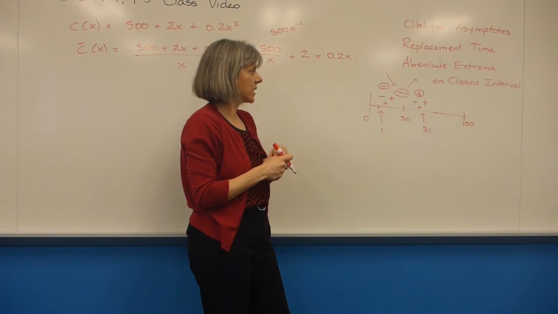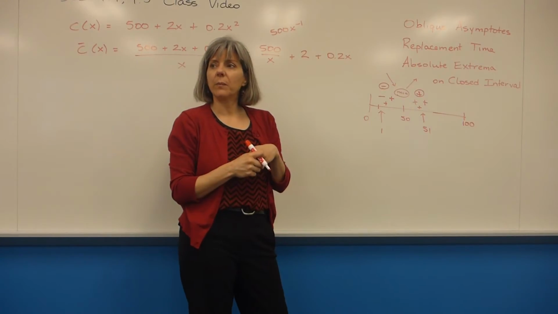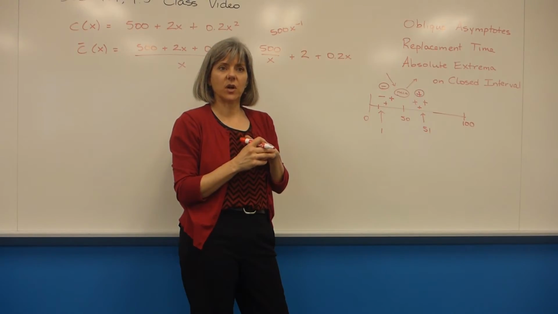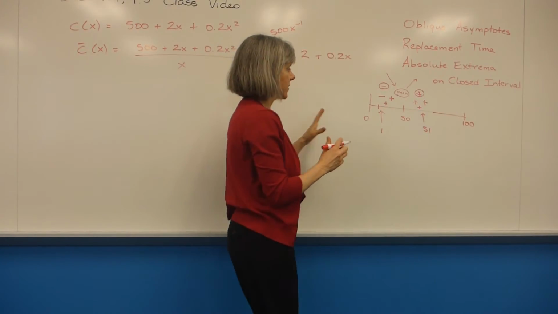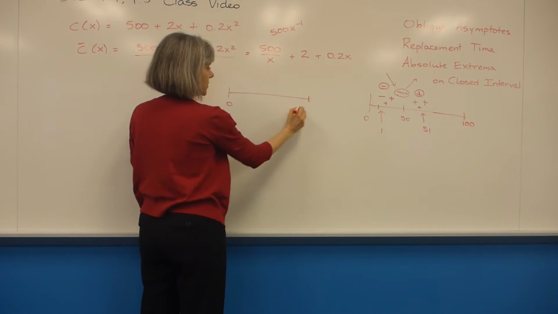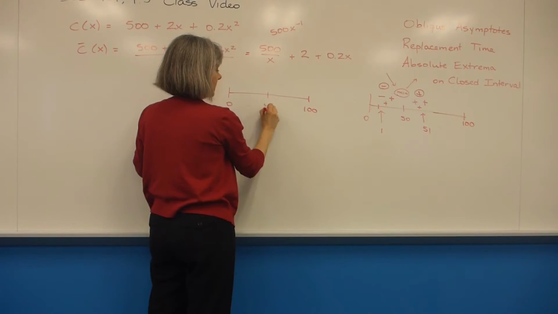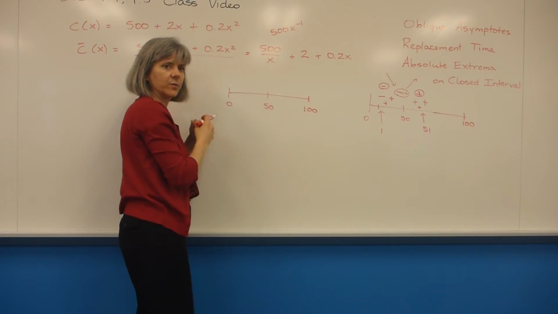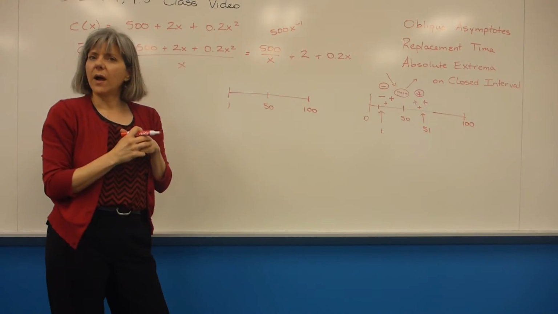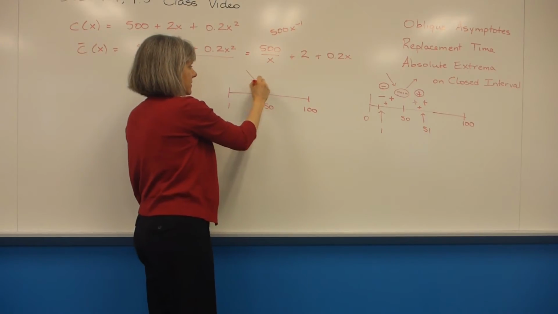So you might ask, where is your absolute maximum average cost? So let's think about this. Let's bring it out here a little bit cleaner. So we have 0 to 100 and 50. We know it comes down, but let's say I really only start at 1. I want to know my max. So I know it's coming down and going up.